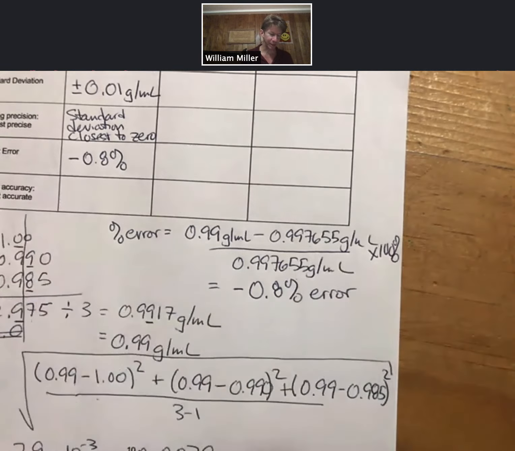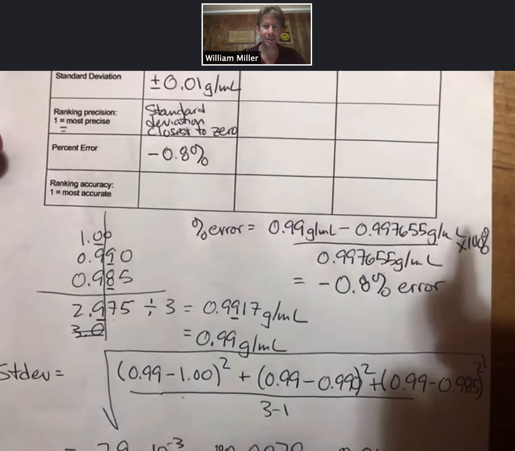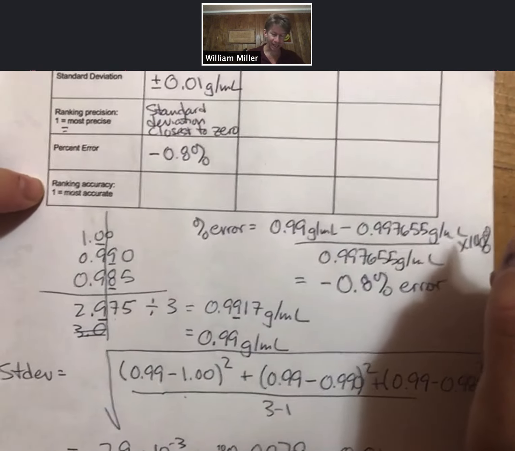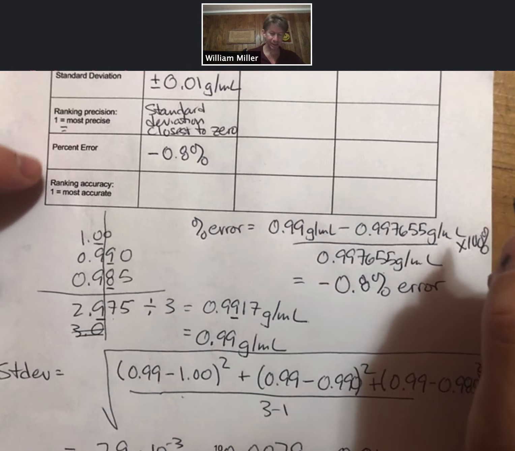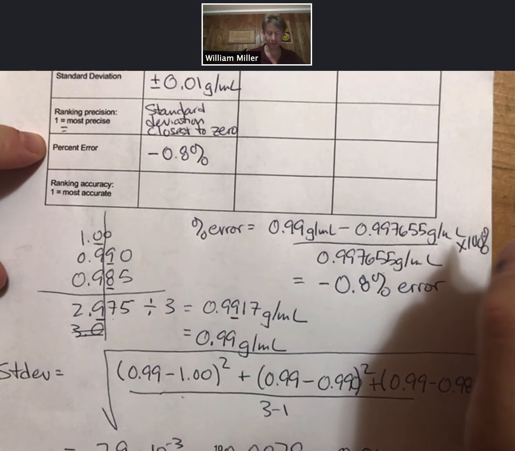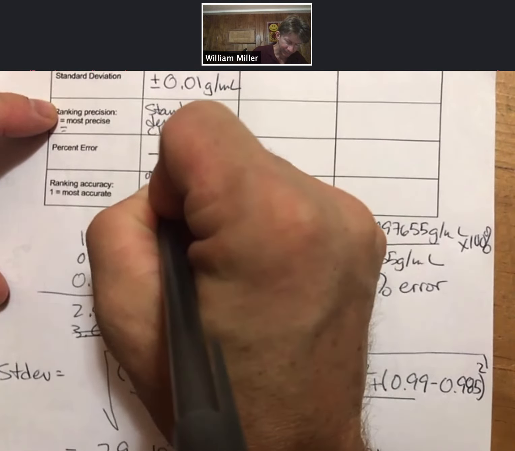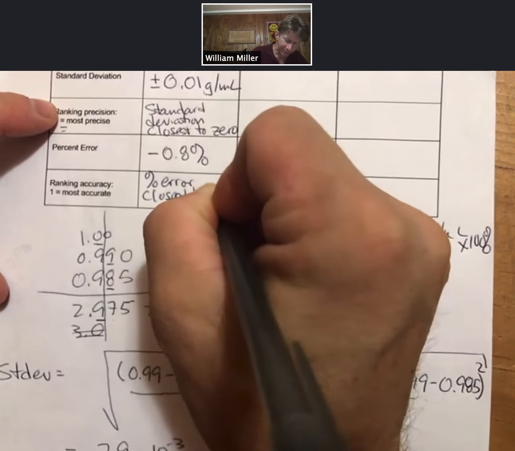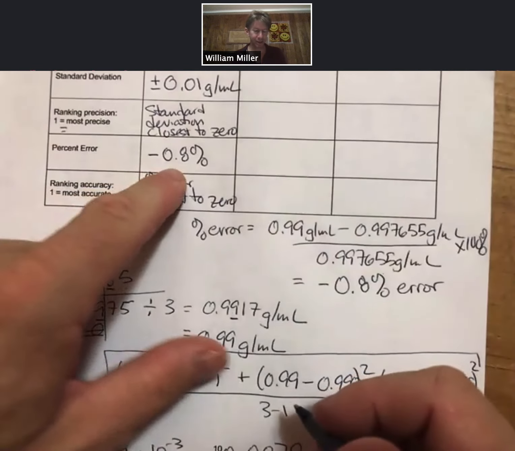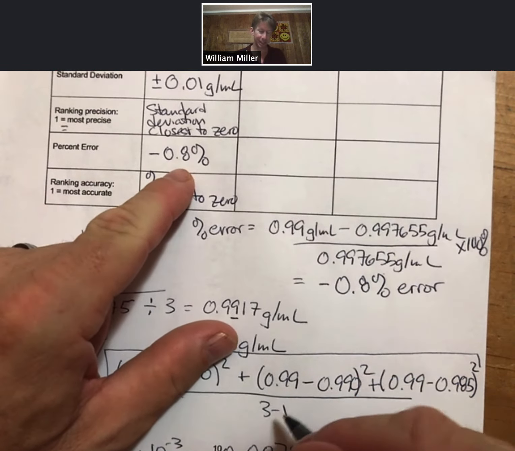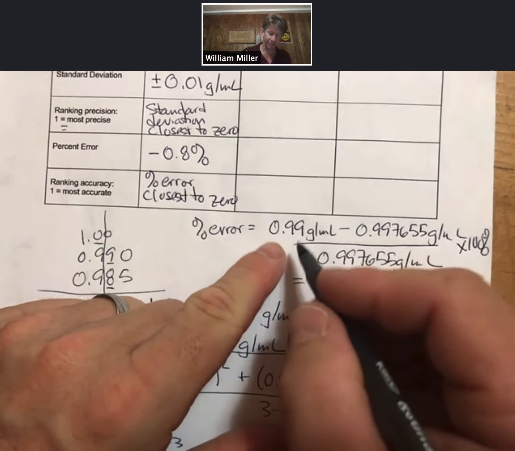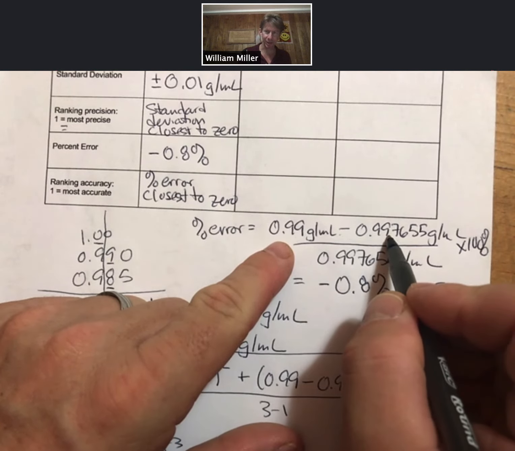And then when you evaluate accuracy, the most accurate has the percent error closest to 0. The percent error can be negative, the percent error can be positive. Remember, you're always taking your experimental value minus the correct.